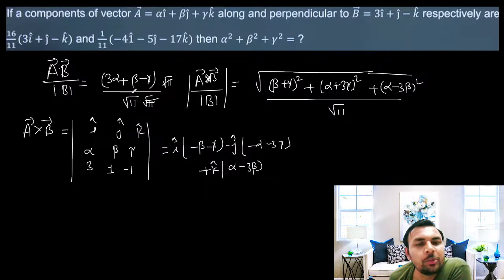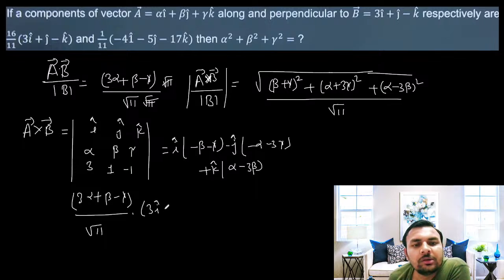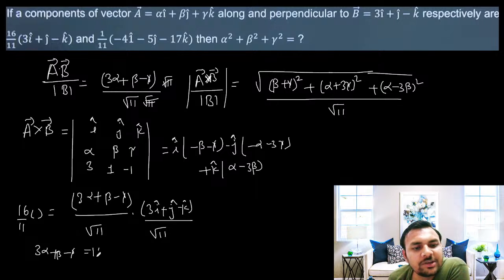Okay, this is the component value. But the vector along this will become component multiplied by unit vector, which is 16 by 11 and everything. So you will get 3 alpha plus beta minus gamma equal to 16. Okay, this is one equation.